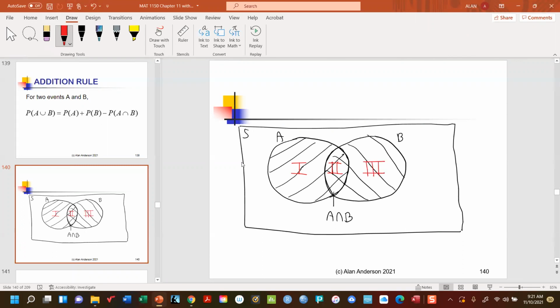Section 2 is the intersection between the two, and section 3 is the area in B that does not overlap with A.